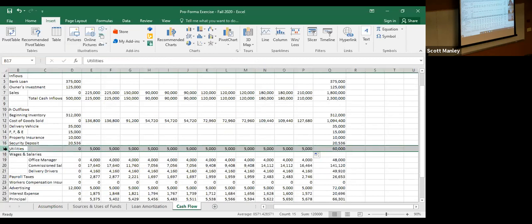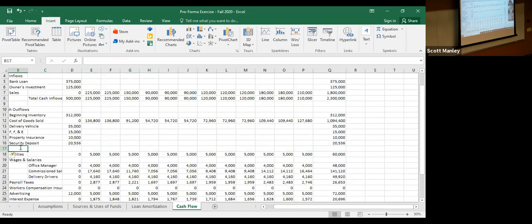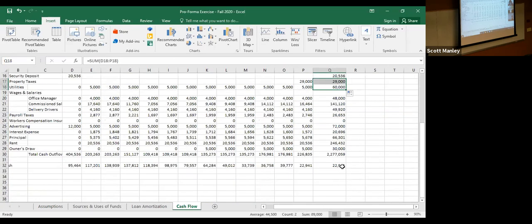So I need to insert a line, put property taxes, come in here to the month of December, plug in my number, $29,000. Make sure I get my formula copied. Make sure I've still got the correct amount of money. And does my total column equal my December ending column?